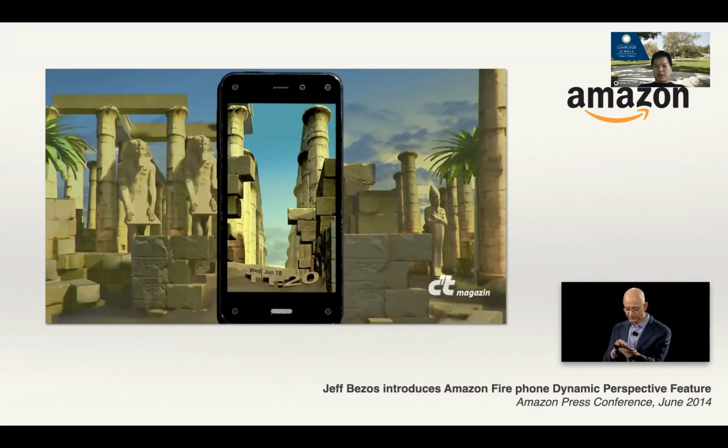When we were making the browser, we were also making the browser for this phone, but because it was such a top secret project in Amazon, nobody was supposed to talk about it. We could not even mention this project in our team, even though certain people were working on the browser for the phone. We had to call it Project B. You can't really say it's a browser for the Amazon phone, even though everyone knows we're making the phone. So that was the story.